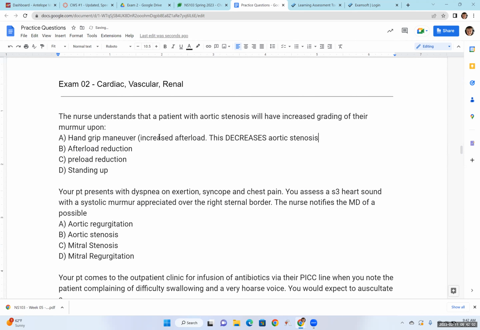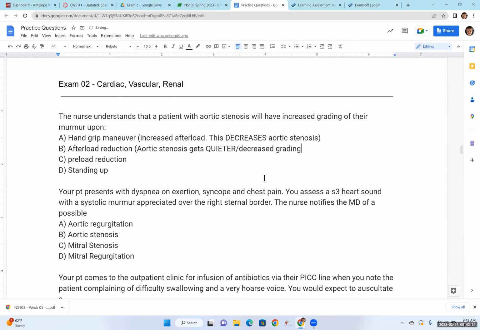Every other murmur is more increased, right? Afterload reduction means you're going to have what? You're going to have less murmur, right? Aortic stenosis gets quieter, or decreased gradient, right?